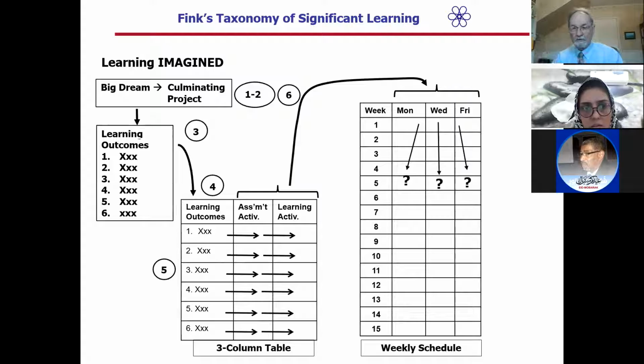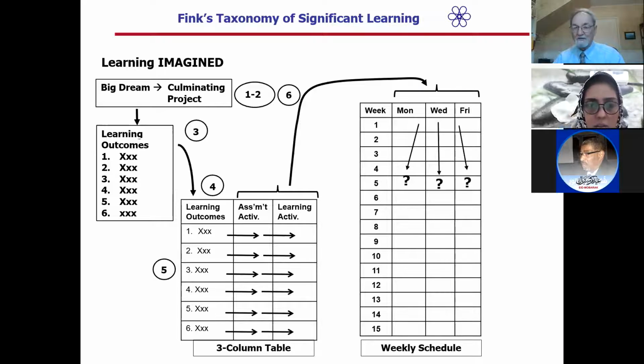And the 2 rules are that all the activities in your 3-column table have to be in the weekly schedule someplace. Because if the activities aren't there, then you don't have the activities that are needed to support and promote the kinds of learning you say you want. That's rule number 1. They have to all be there. But the second rule is it makes a lot of difference what you put first, what you put second, and what you put third.